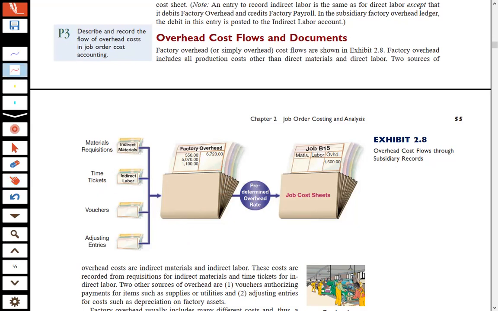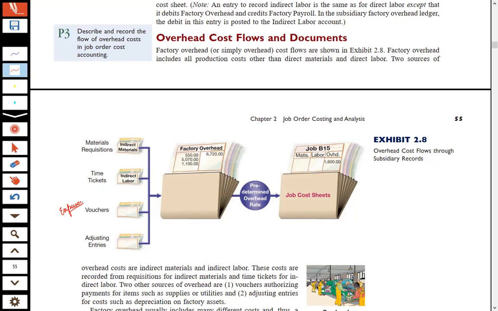Vouchers are made for the expenses directly incurred. That is for fuel, for maintenance, for lubrication, and for cleanliness. They are all known as expenses, that is factory overheads. Depreciation may be included in this.